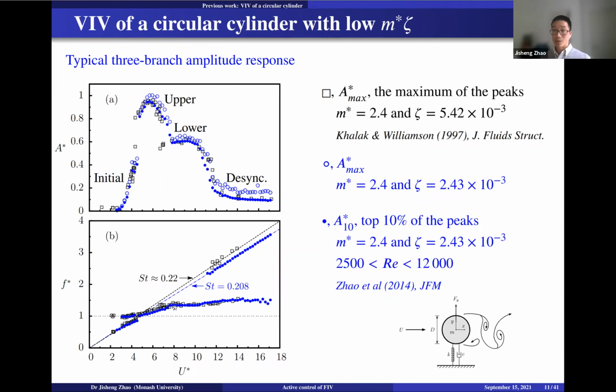So it's not locked onto f star 1. It's just a shift, and the shift is related to the mass ratio.